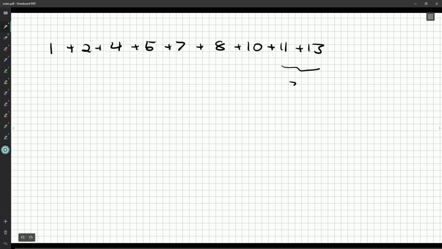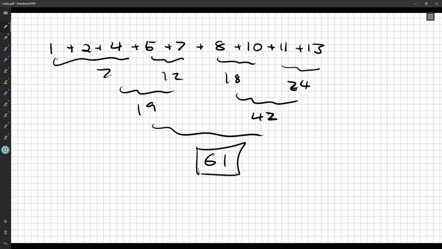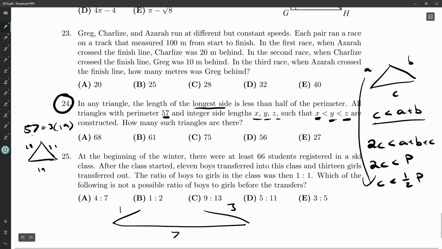So those two are 24. That's 18. Combined, that would be 42. That's 7. That's 12. So that's 19. 1, carry the 1, so we're looking for 61 is my answer. Now, if I don't see 61 presented, it means there might be an error in my calculations, but I do see it. 61 is sitting there. It's B.